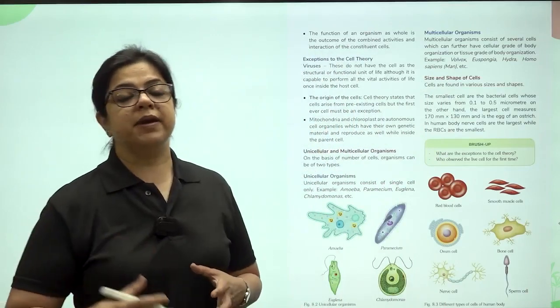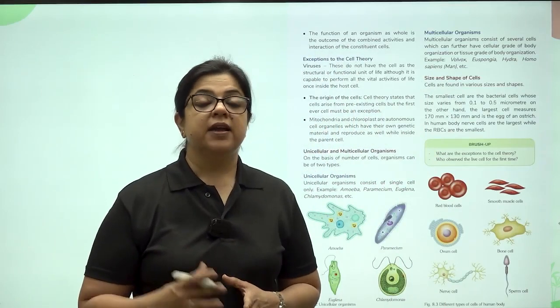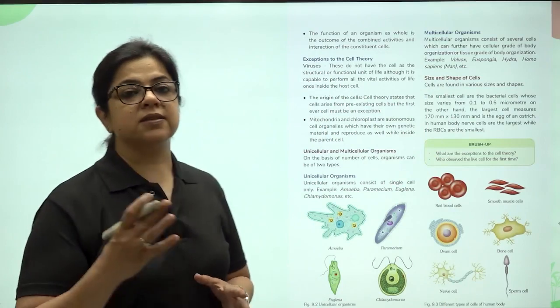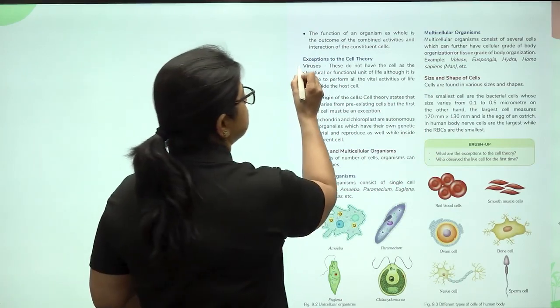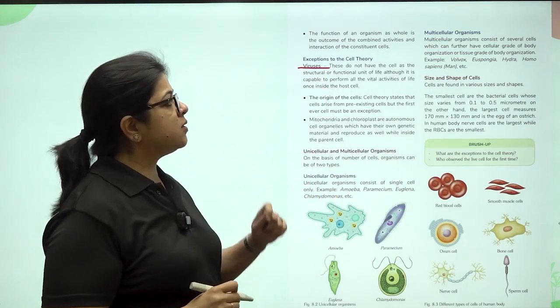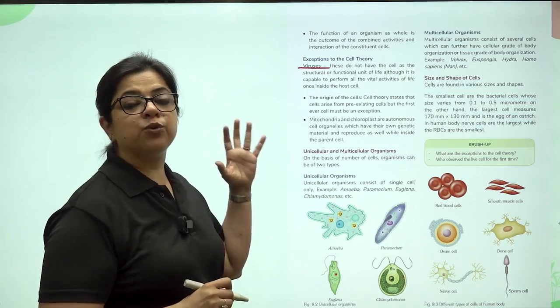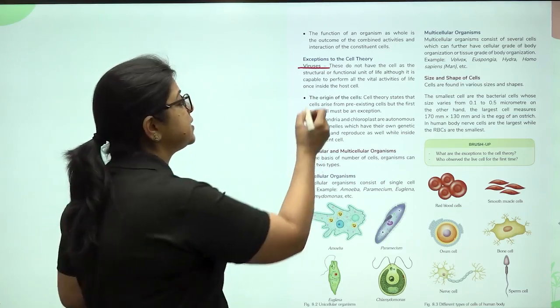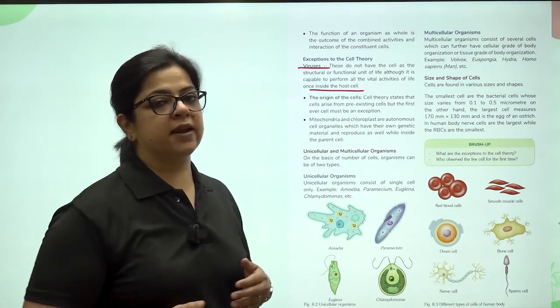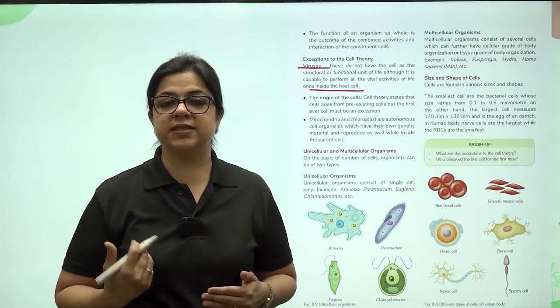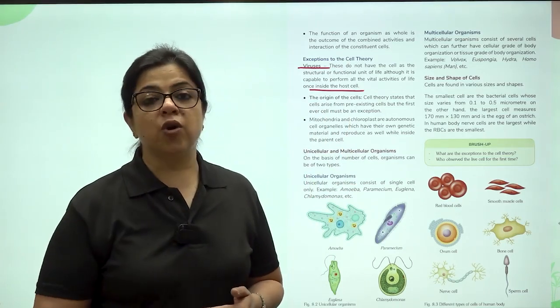Now, exceptions to this cell theory are the viruses, because these have to conduct all the activities inside the host cell. If they are outside the host cell, they are practically non-living.